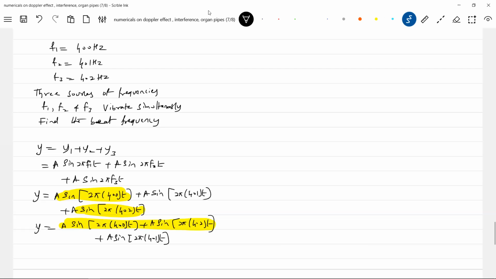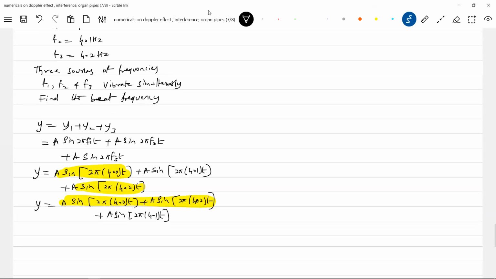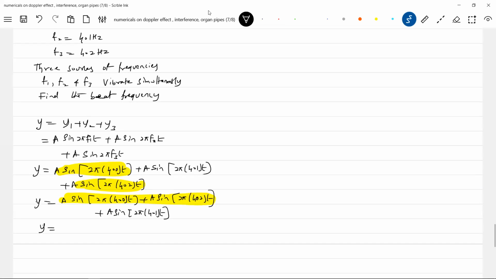Okay, now look at this one. So y is equal to 2A sine 2 pi 401 t cos of 2 pi t, plus A sine 2 pi 401 t. Check the mathematics once, the simplification of these two.